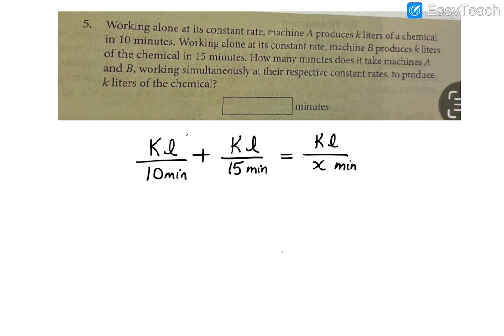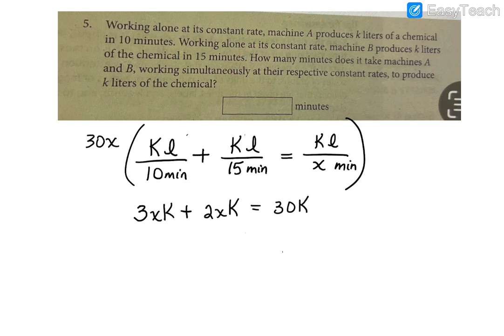So if I look at my denominators, the least common multiple of those would be 30 times X, so we could multiply everything by 30X. You could do 150X as well. It doesn't have to be the least, but this will get us there quicker. For the first term, 10 goes into 30 three times, so we're going to have 3X times your K, plus 15 goes into 30 twice, so that's going to be 2X times your K. On the right-hand side, of course, the X's cancel, and you're left with 30K.